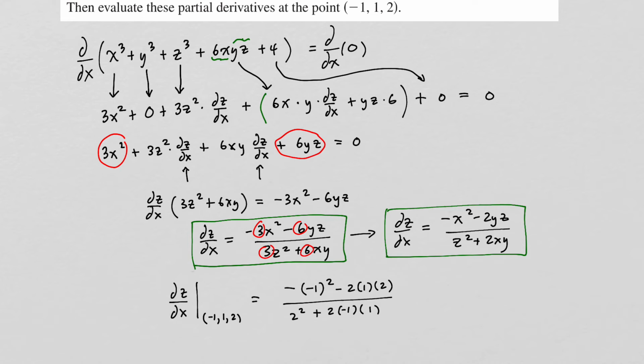Be really careful when you're doing this. We have lots of variables and it's really easy to make little mistakes. But this is going to end up being -1 minus 4 divided by 4 minus 2. And this is -5 over 2.